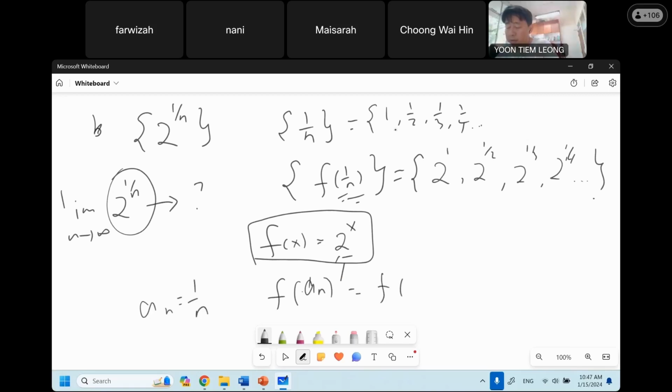So you can be quite sure that the function f is defined for all x equal to 1 over n, where n is an integer. For example, 2 to the power 1, 2 to the power half, 2 to the power 1/3, etc. are all defined. That fulfills one of the criteria in the continuous function theorem for sequences.